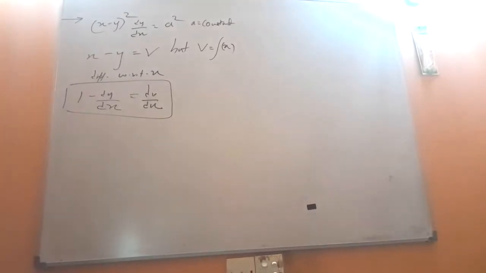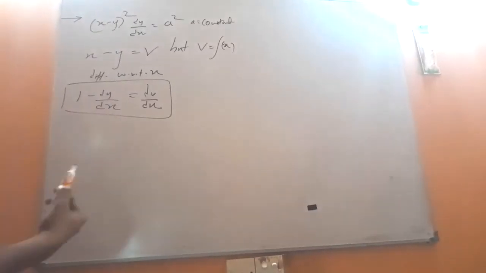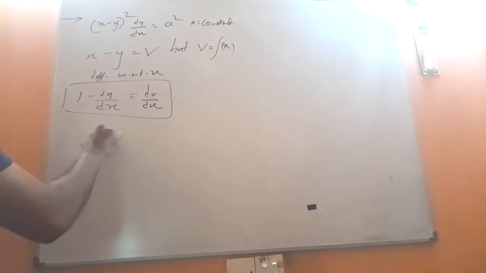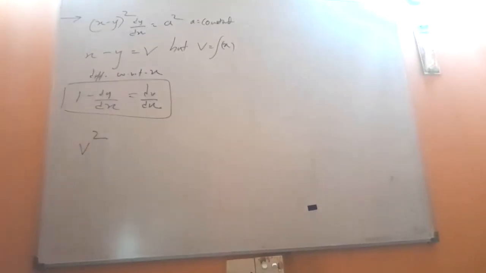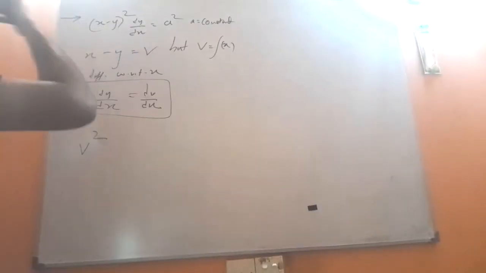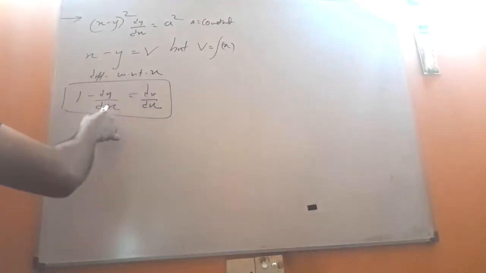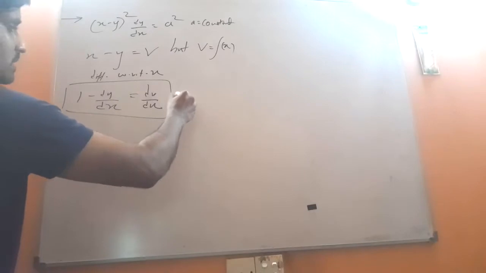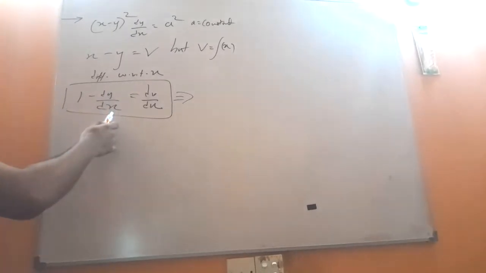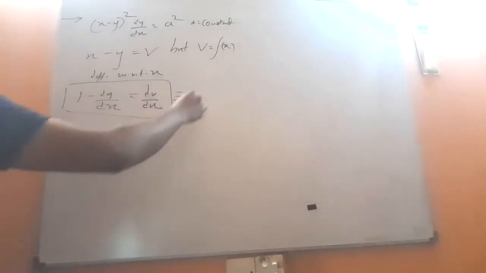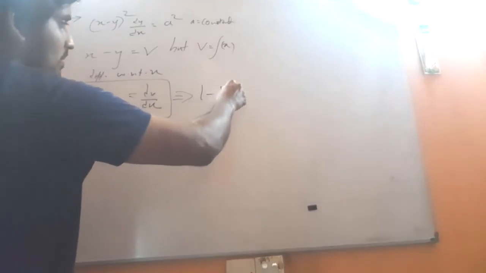Okay. So now again go back to the problem. So now x minus y whole thing squared, you can replace that by v squared. Okay. And here you have dy by dx. So if you make dy by dx the subject, this gives dy by dx equals 1 minus dv over dx.